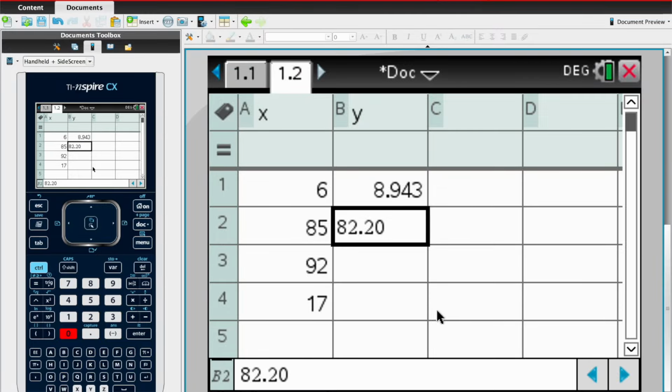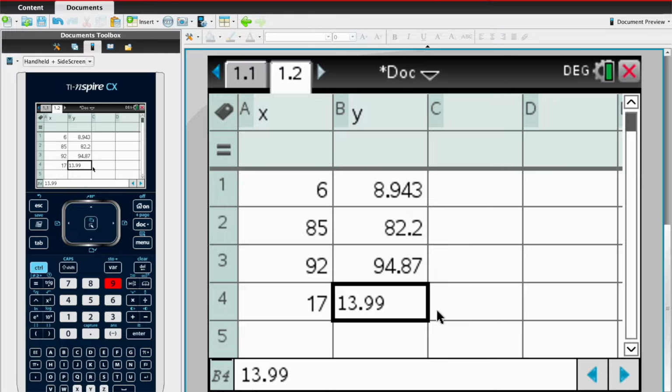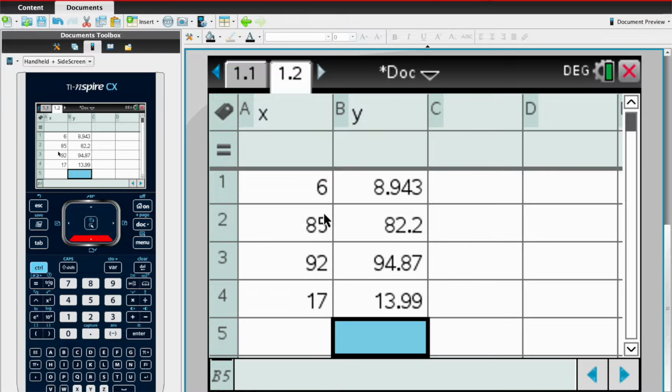That's right. I'm just looking at this 82.20 and wondering if everything is okay, but it is. It's what it should be. All right, 82.20, 94.87, and 13.99. So we've got observed and expected.